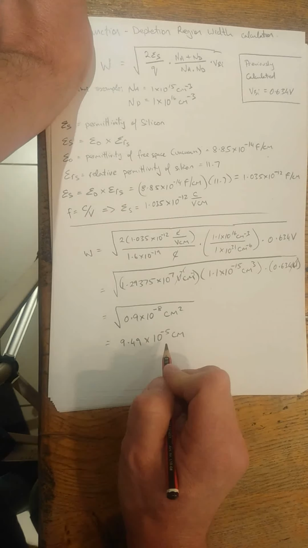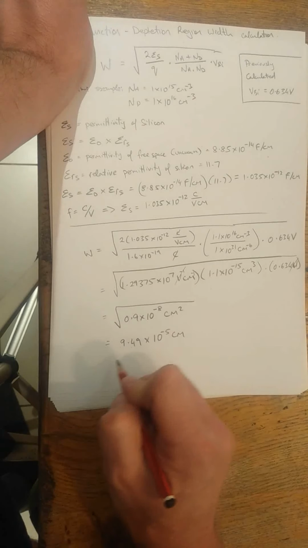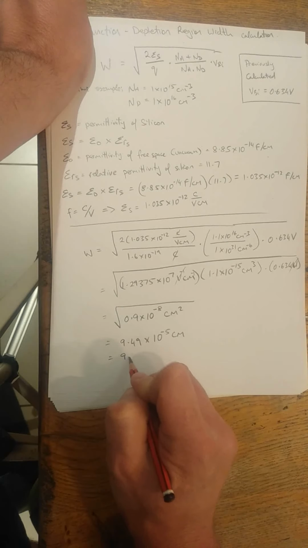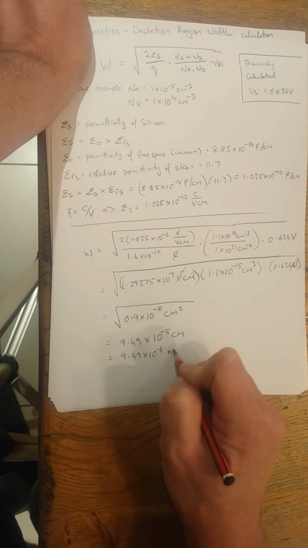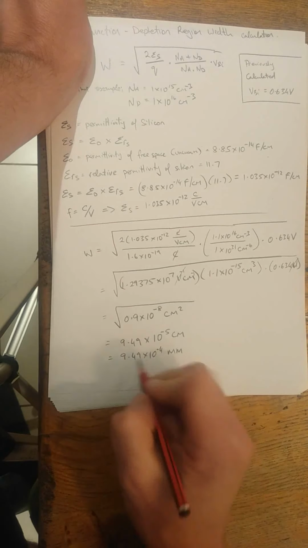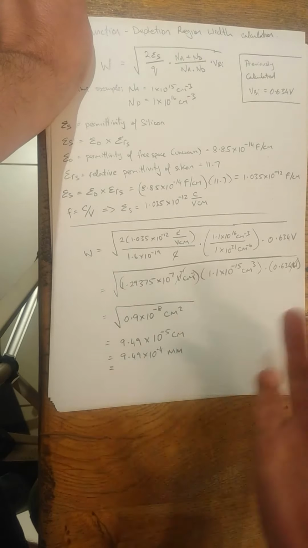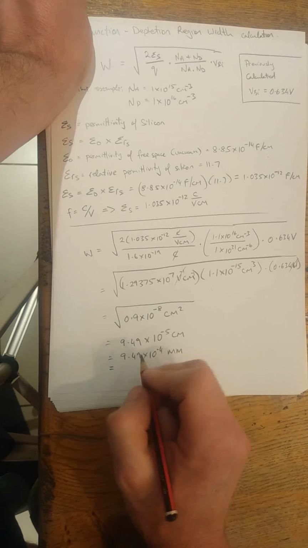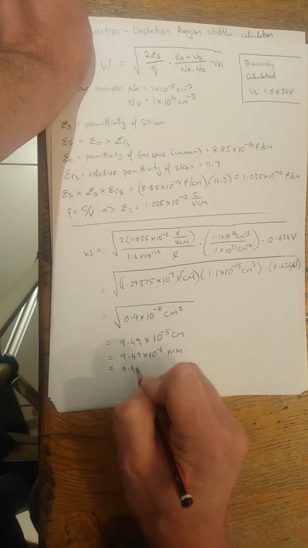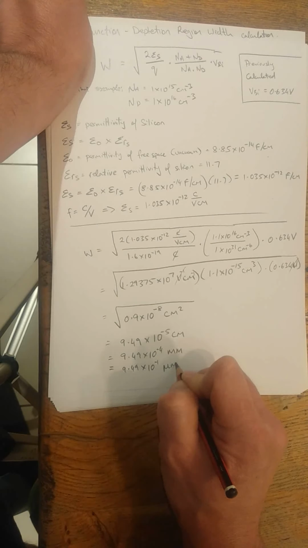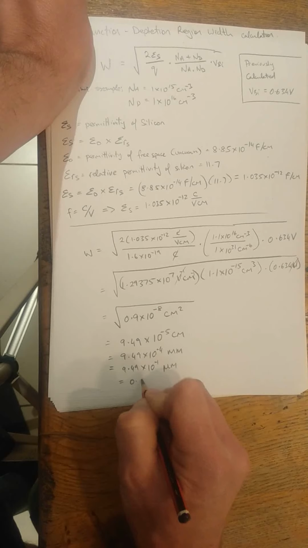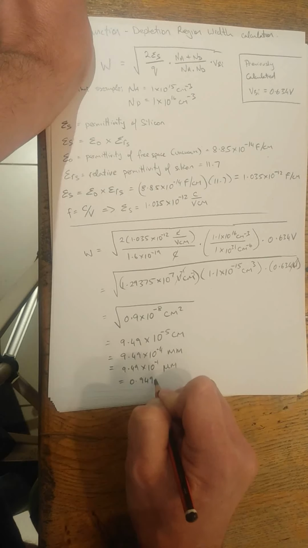So 9.49 by 10 to the minus 5 centimeters, that's equal to 9.49 by 10 to the power of minus 4 millimeters. And the reason I do that is then it's just a factor of 10 to the 3 to put it into microns. So it's 9.49 by 10 to the minus 1 microns, and that's equal to 0.949 microns.